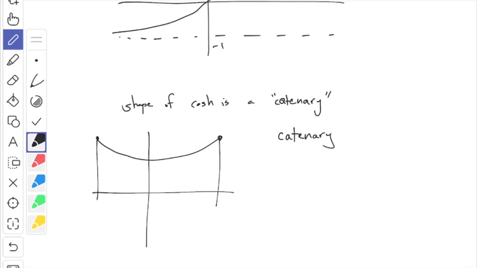So if you see power lines or any kind of hanging thing, like even if I just do this right now, well, this is pretty rigid, but it is actually not a perfectly straight line because it will sag to some extent, and it sags according to the shape of a catenary curve. So it's the shape of a hanging rope.